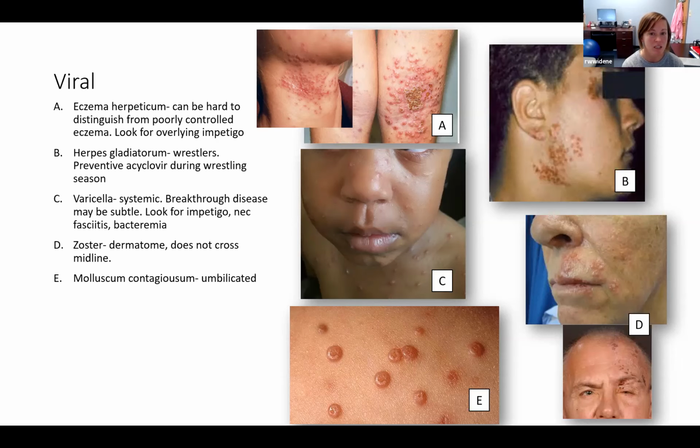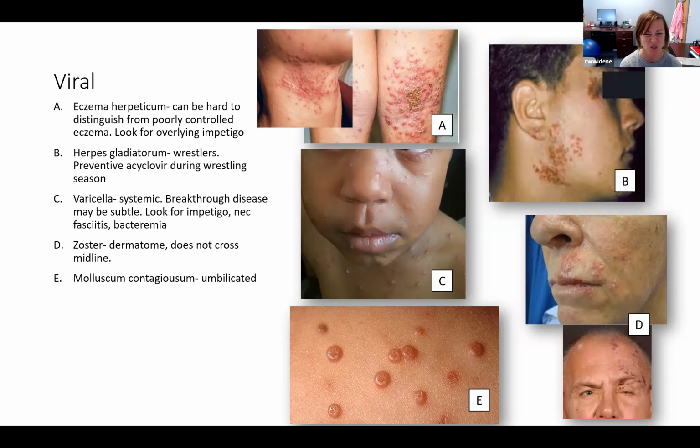So eczema herpeticum, you see this in patients who have underlying eczema, usually bad eczema. It can be hard to distinguish from poorly controlled eczema. However, just like the pictures, your skin integrity is compromised from the eczema, and then you just get herpes on top of that. And because the skin's bad, the herpes goes crazy.